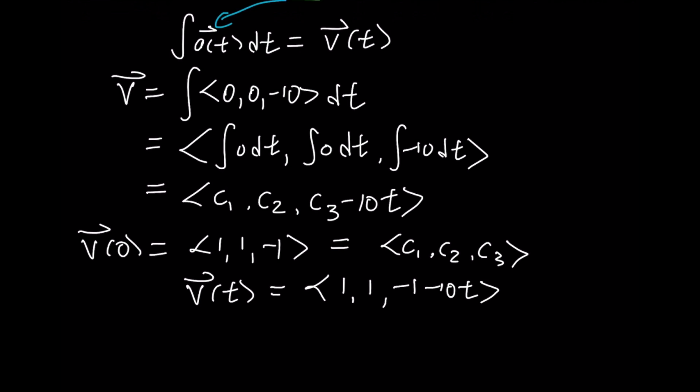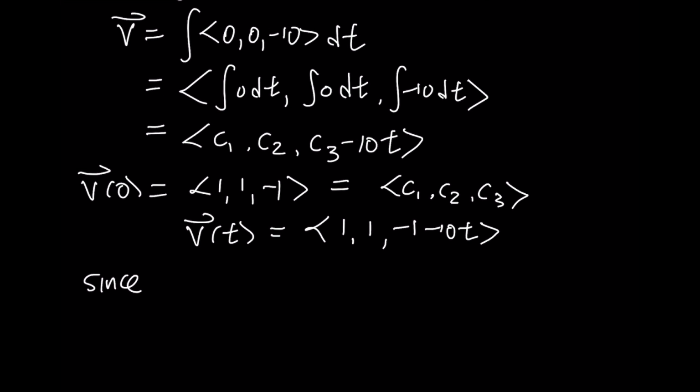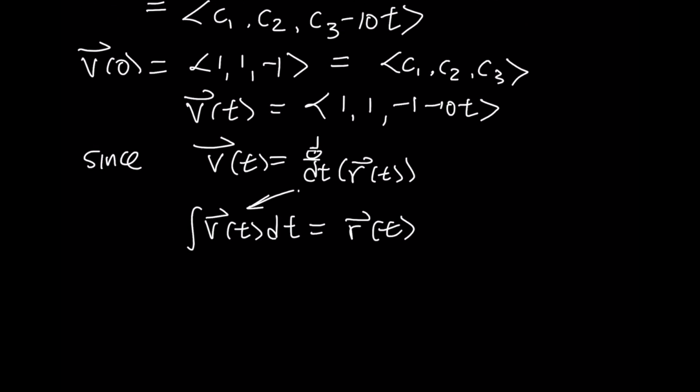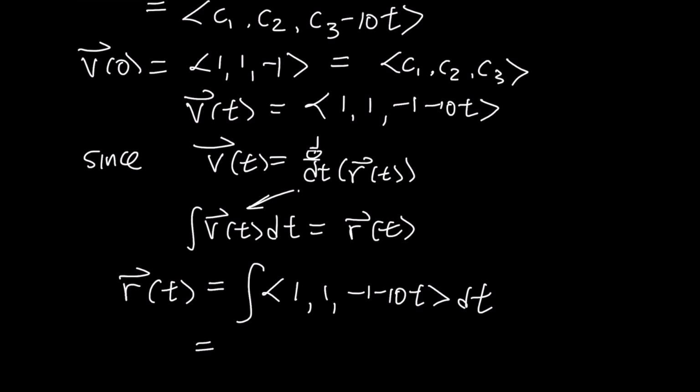Since the velocity is defined as the time derivative of position, if you want to find the position vector, all you need to do is take the antiderivative of the velocity. So if we anti-differentiate the velocity function, according to the last lecture, we take the antiderivative of each component.